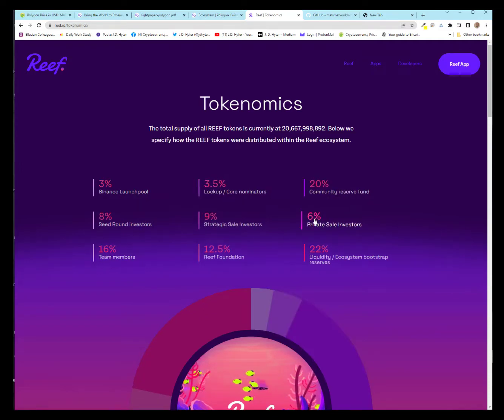If this had been like 70% right here, private sale investors, if this was like 70%, 50% like that of the coins they got right when the token dropped, no. You want to see a nice low number like this, so you know that they're not just trying to kind of pump and dump the coin.